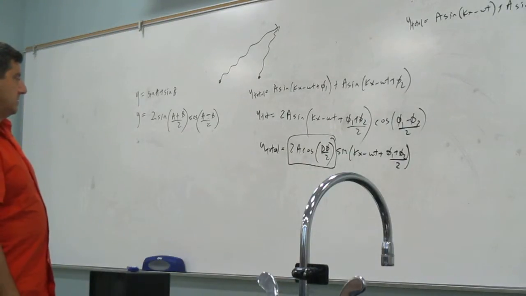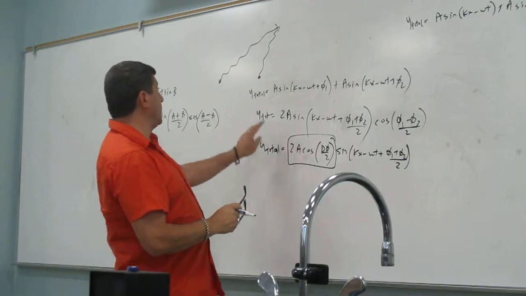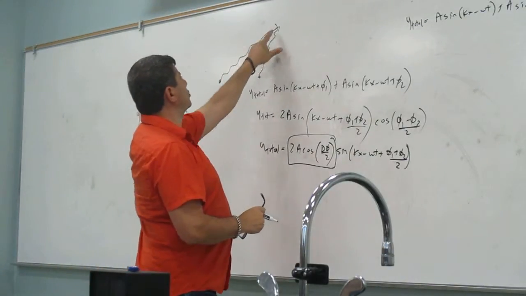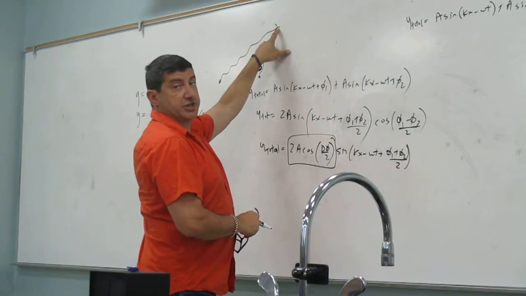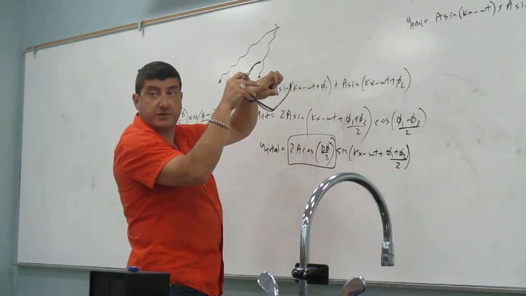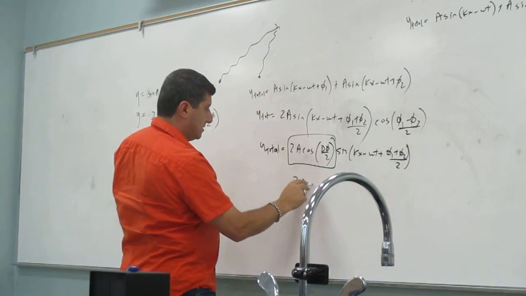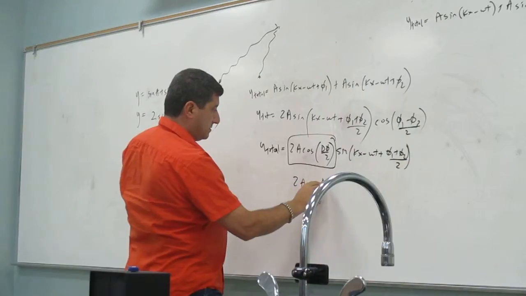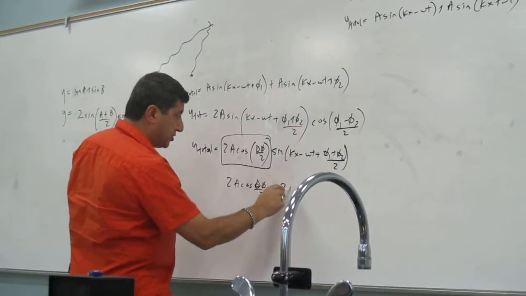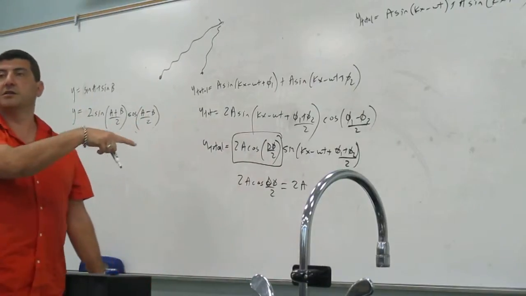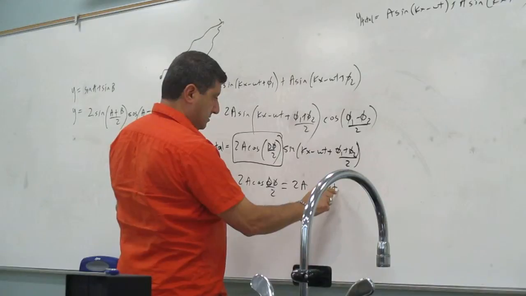So then the topic evolves: what are the conditions for these two waves to meet each other such that they constructively interfere? We want this to equal the maximum possible, which is 2A. That's complete constructive interference.